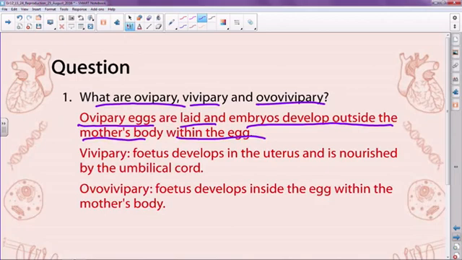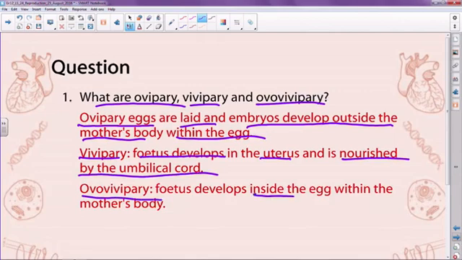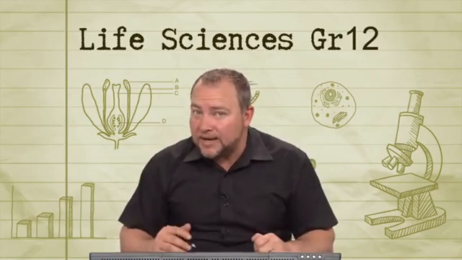Viviparous: fetus develops in the uterus and is nourished by the umbilical cord. And then lastly, ovoviviparous: the fetus develops inside the egg within the mother's body. That was the first question. So still in an egg, but inside the mother's body. Let's have a look at the next ones.